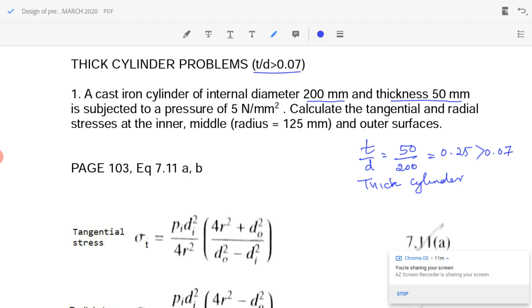Now, in this question, we have to calculate tangential and radial stress at inner, middle and outer surfaces. So this is our question.